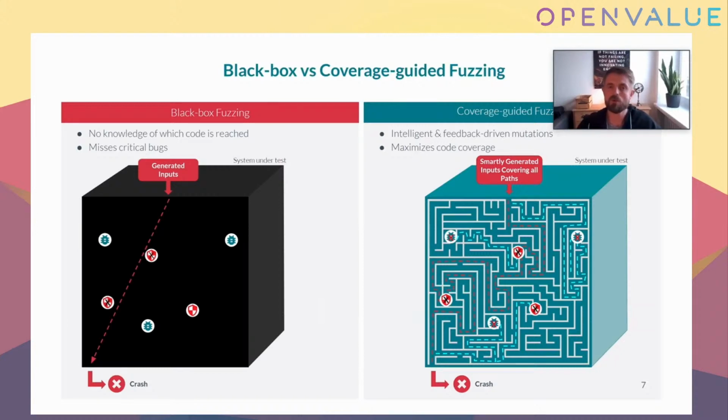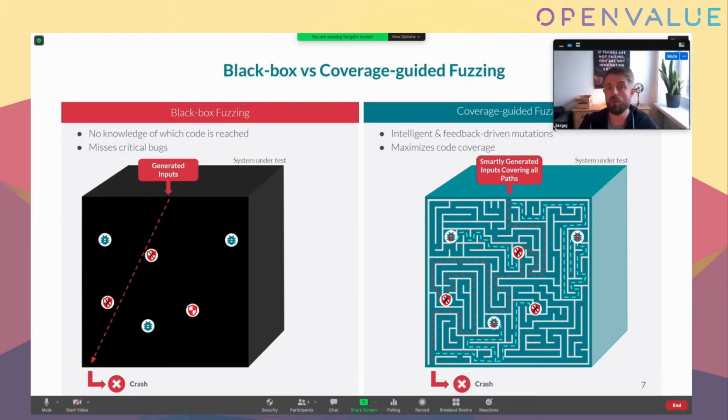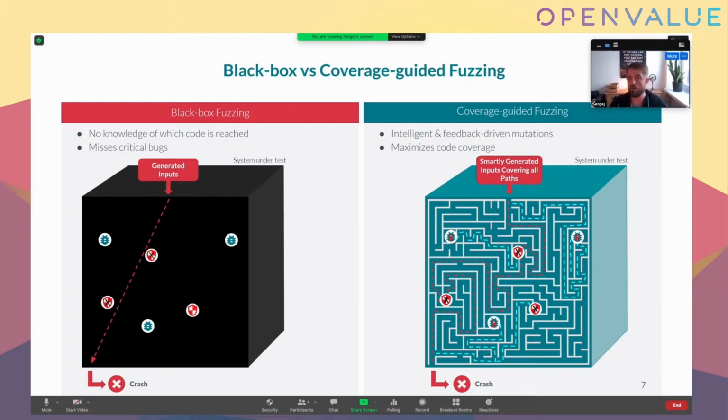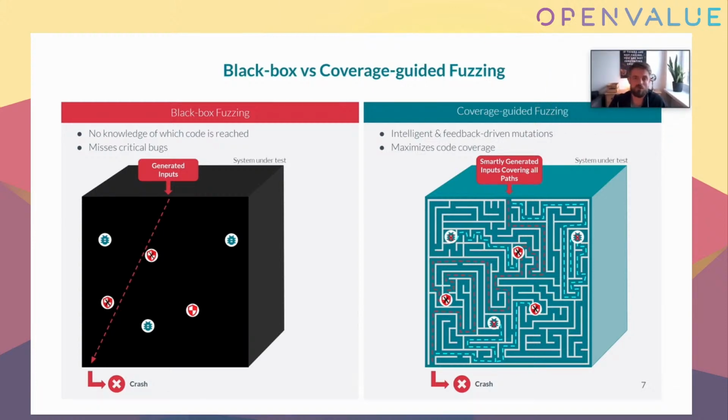So just to summarize the difference: black box fuzzing started in the end of the 80s and was done until 2015. Basically you generate some kind of inputs, you have some sample data, you could write some specific grammars so that if you produce random data, it needs to be in a specific range.